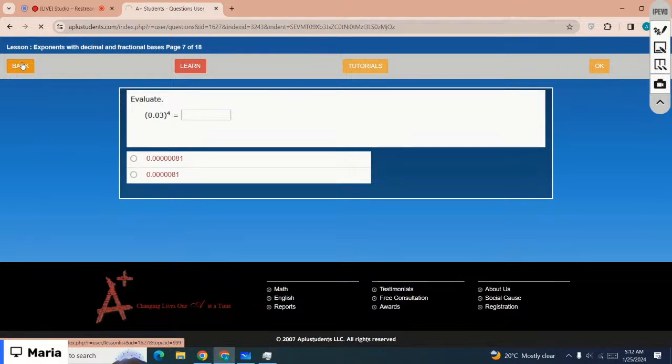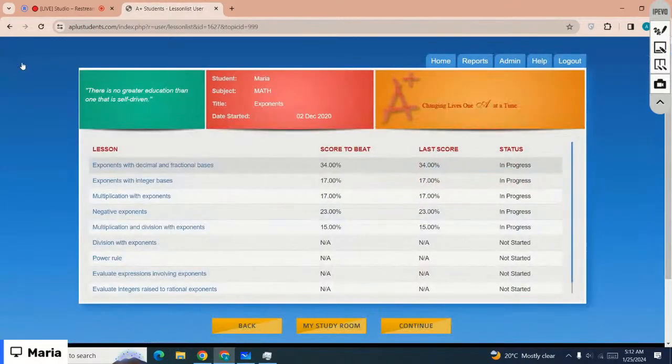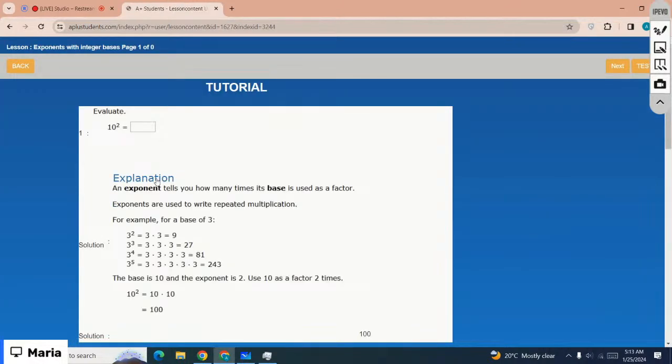The next lesson is exponents with integer bases. So when you have integer bases, you have to multiply the integers how many times?